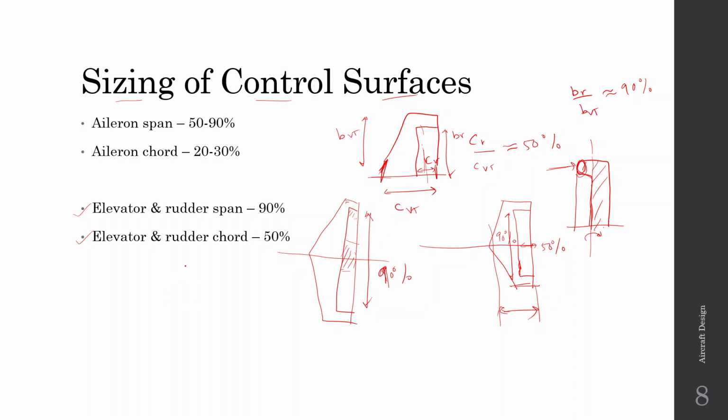So for large commercial transport aircraft, you have other things on the wing also. The ailerons are usually placed at the edge, farther away from the roll axis so that they can produce more rolling torque. And near the roll axis, you have flaps.